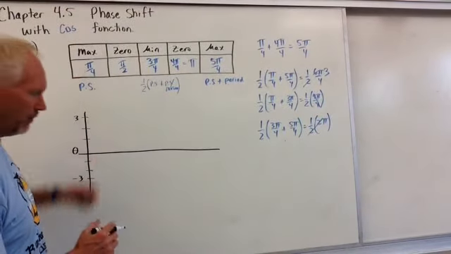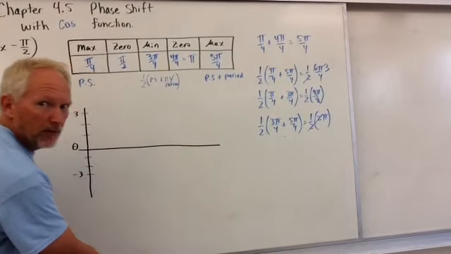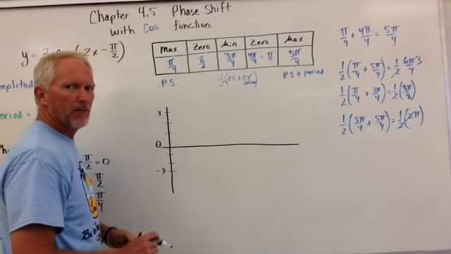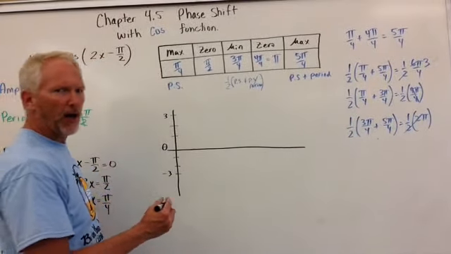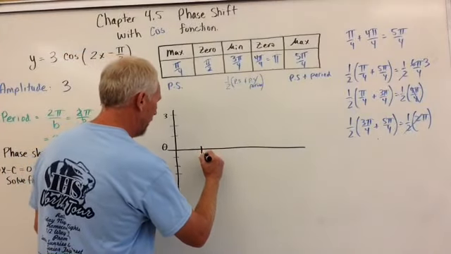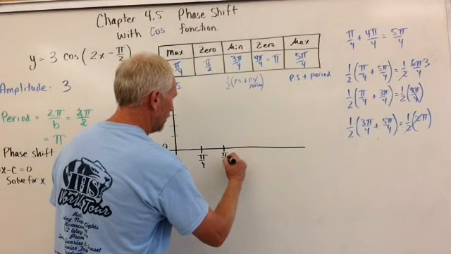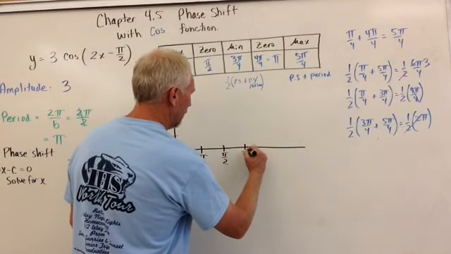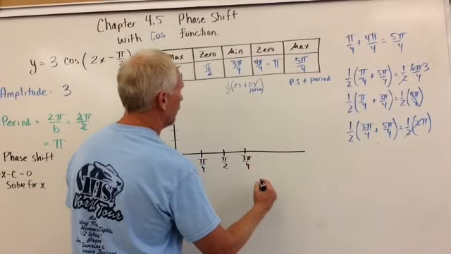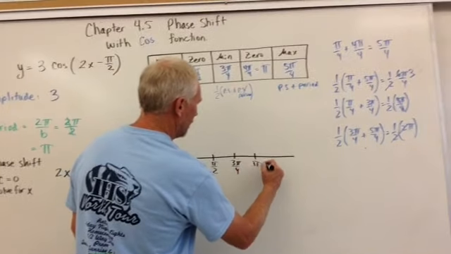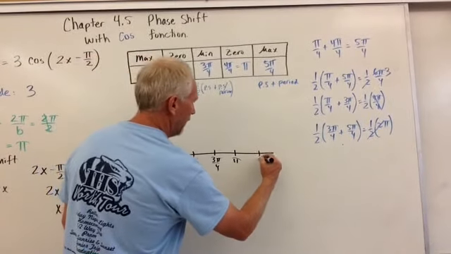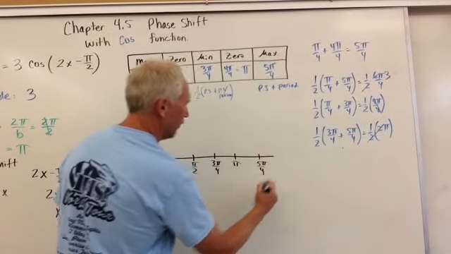Our first point is at pi over 4, so I'm going to put pi over 4 there. And then we go to pi over 2, and then 3 pi over 4, and then there's good old pi, and finally 5 pi over 4.